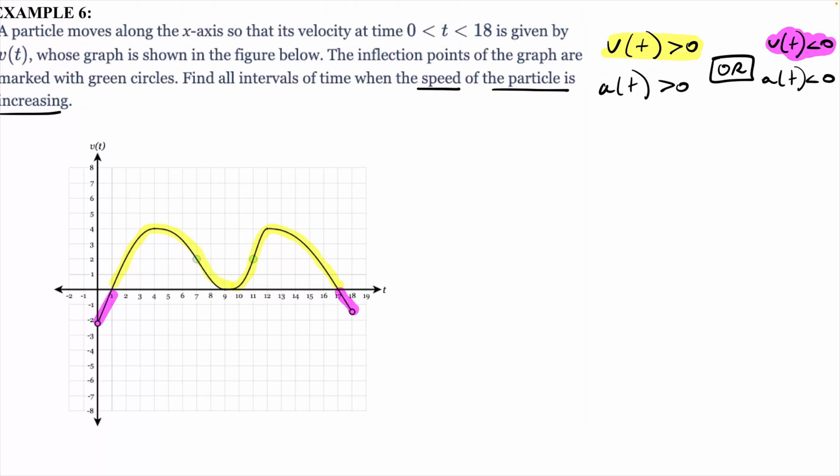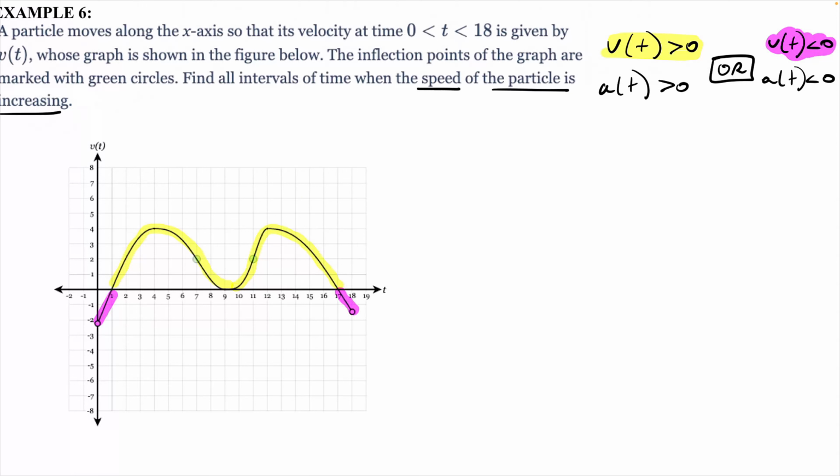Acceleration. How do I tell on the graph when acceleration is positive or negative? We're going to look at slopes, right? When the slope is positive, acceleration is positive. What does that mean in the graph?